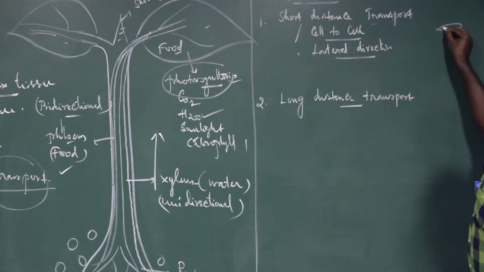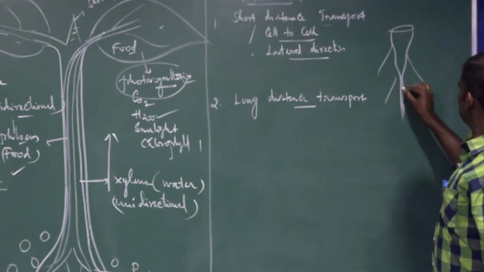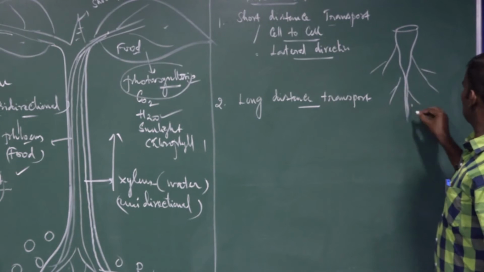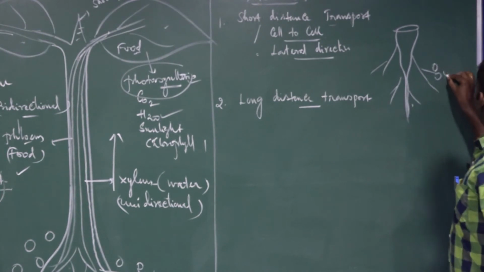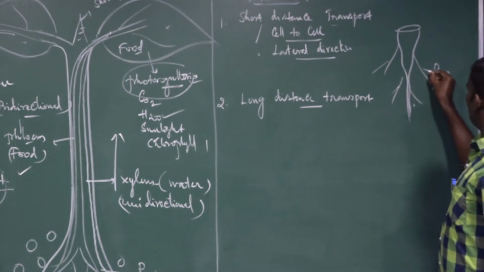Take the root system. It has the primary root, secondary root, tertiary root and root hairs. There are soil particles. The water is absorbed by the root hairs.